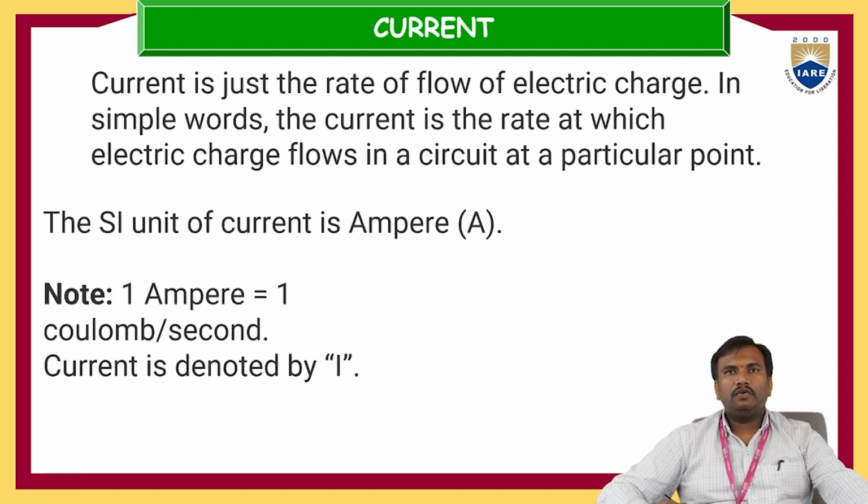And after the voltage, the next basic definition, the basic word which we are going to get into our mind, is current. The current is nothing but the rate of flow of charge carriers, or charges.